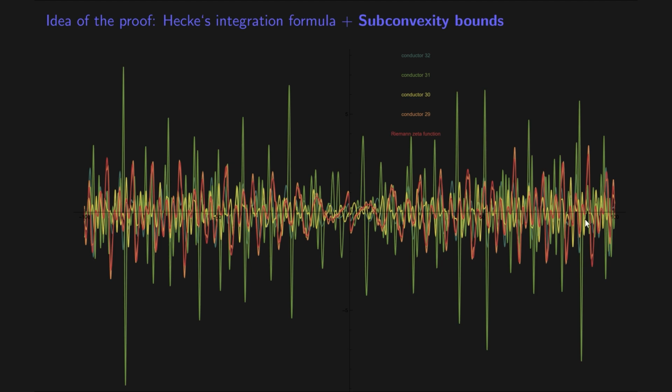And I think, if I remember correctly, this is the real part of the value. There is also an imaginary part which did not fit on the plot. Here you can maybe see that there is a lot of oscillation and not a lot of high peaks. And this is exactly what we would like to know about.